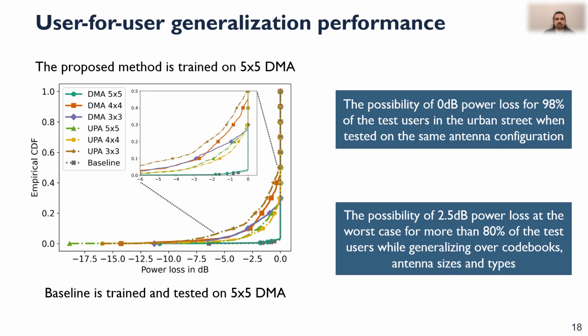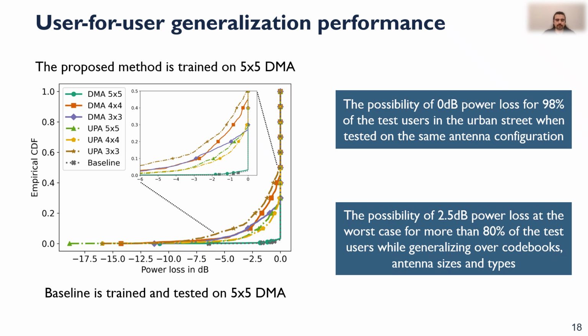In this plot, we show user-by-user generalization performance through empirical CDF. The proposed method is again trained on 5x5 DMA and tested on different antenna configurations, UPA, DMA, and different sizes.